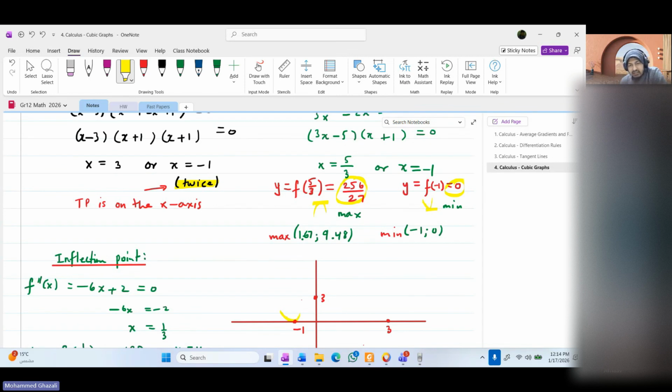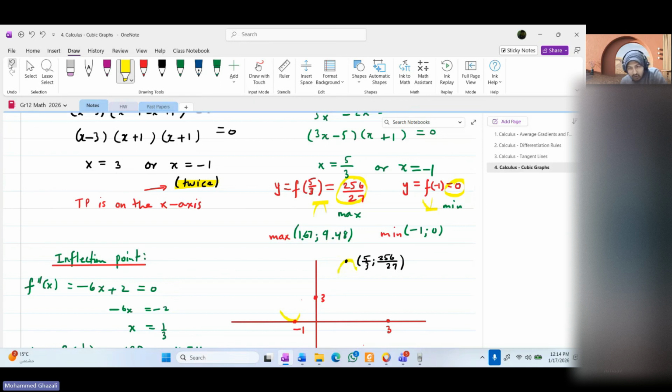And at 5/3, which is 1.67, and 9.48, we have a maximum. Sorry, not 1/3, 5/3. And we got 256/27, a sad face, a maximum, so the maximum looks like this.